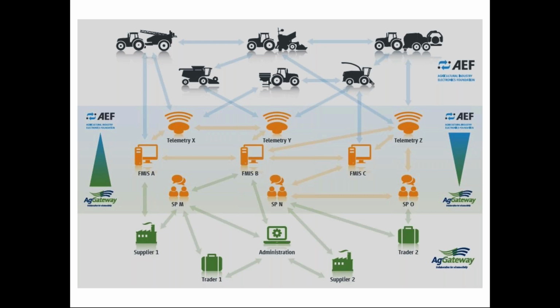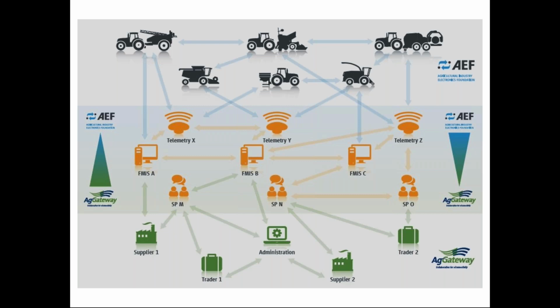But here in this visual, it gives a high-level overview of where they work together and where one is favored over the other. At the top, you see machine-to-machine communications, much more of a solution for ISOBUS.